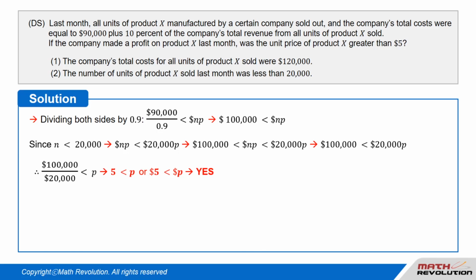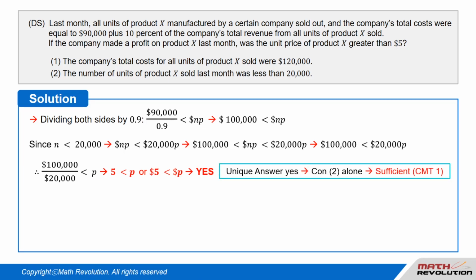So, we get $100,000 over $20,000 is less than p. 5 is less than p, or $5 is less than dollar amount p. And the answer is yes. So, the answer is a unique yes, and the condition is sufficient according to CMT1, which states that the answer will be in terms of a unique yes or no.